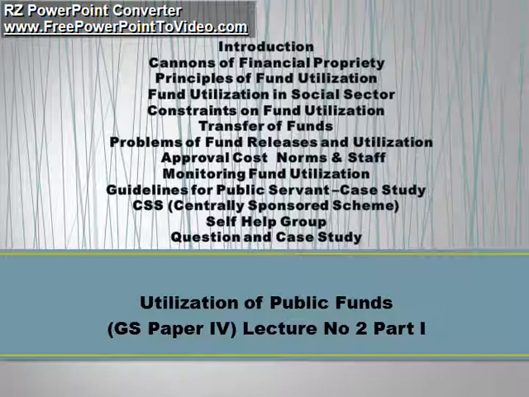Then we move to equitability, which implies preferential treatment to weaker sections. Equitability has two dimensions. The first dimension relates to service providers and the second dimension relates to beneficiaries. Now we discuss the first dimension, service providers.